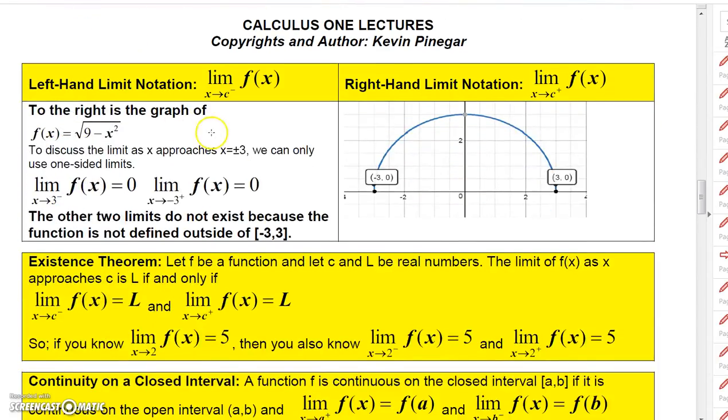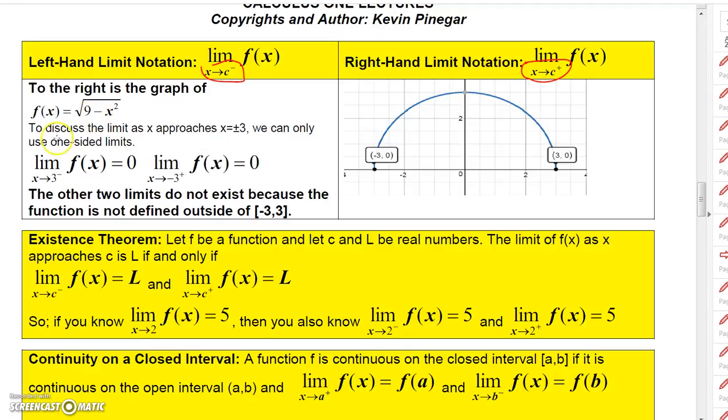So the left-hand limit would mean the limit of the function f of x as x approaches c from the left, and this would mean the limit of the function f of x as x approaches c from the right. Okay. Now if you look to the right here, you get the graph of square root of 9 minus x squared.